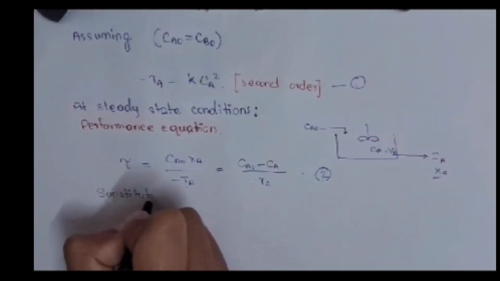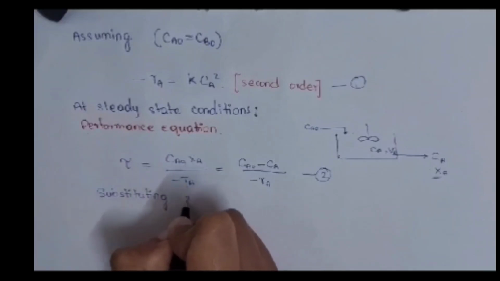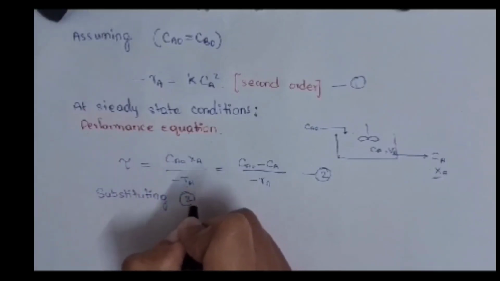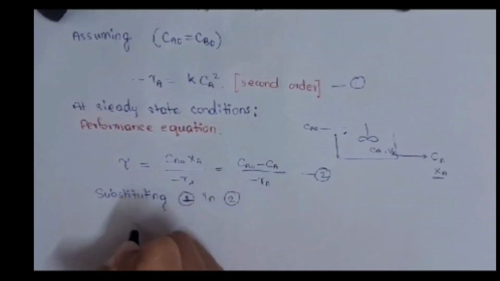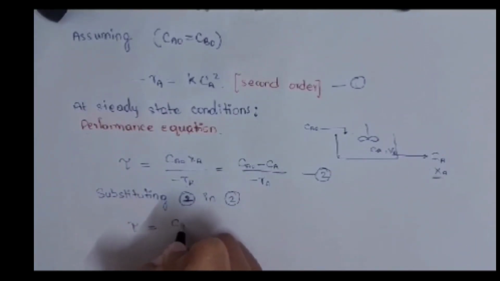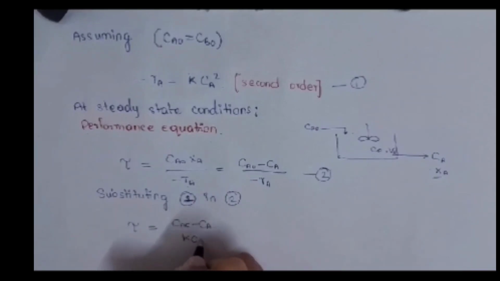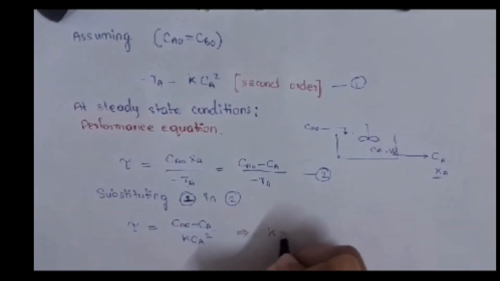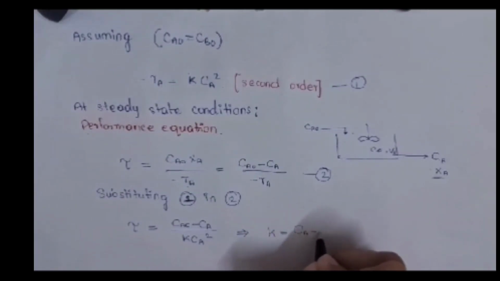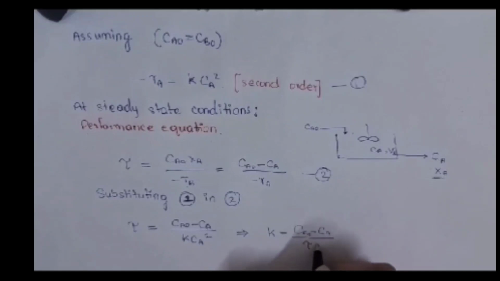Now, substituting equation 1 in equation 2, we get τ = (CA0 − CA) / (K CA²), which gives K = (CA0 − CA) / (τ CA²).